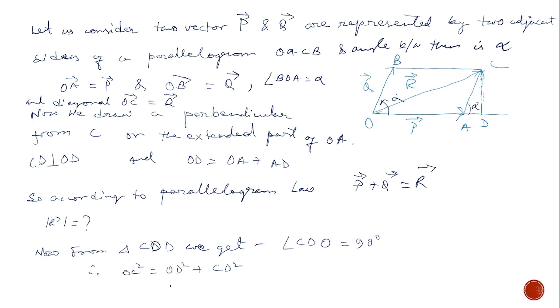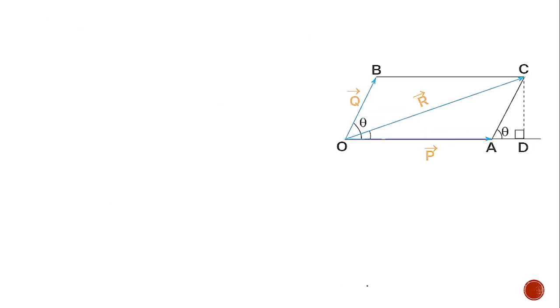Now OD means OA plus AD, so OC square is equal to (OA plus AD) whole square plus CD square. Let's say this is 1. Next, same things.